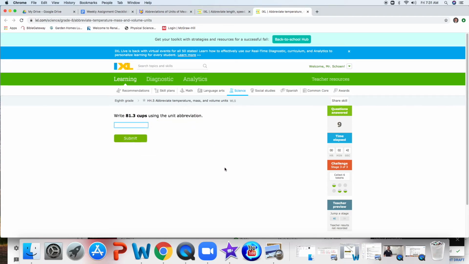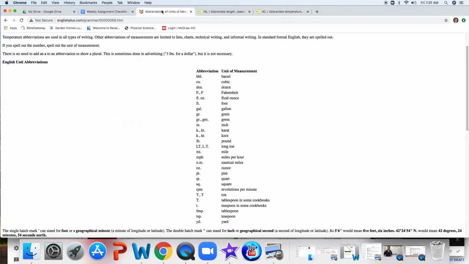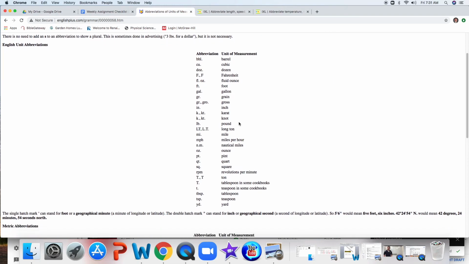And work toward that overall mastery score between temperature, mass, and volume. 81.3, last one. Cups. What was cups measured in? If I look here, what is cups measured in?